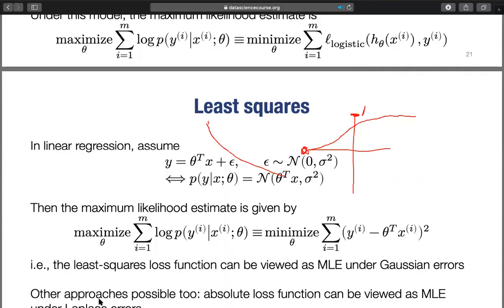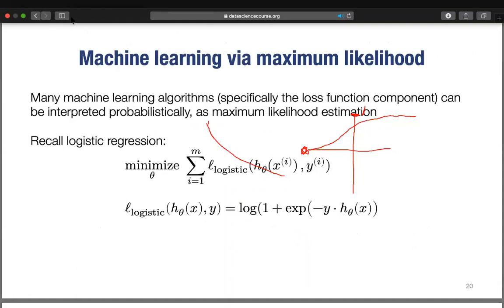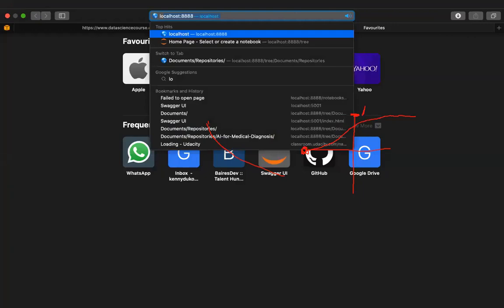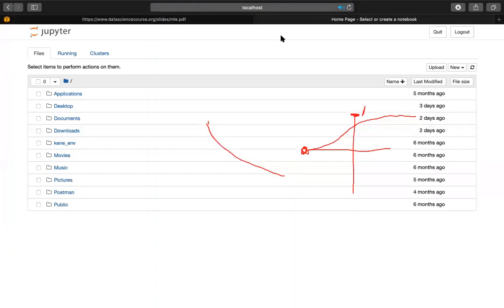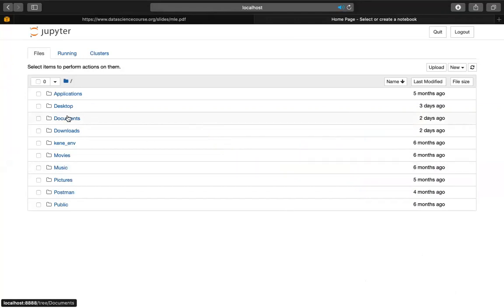Let me see. Where did I keep this thing?